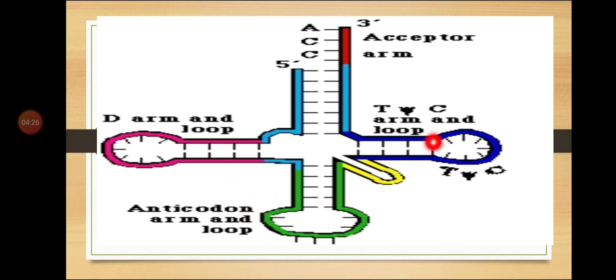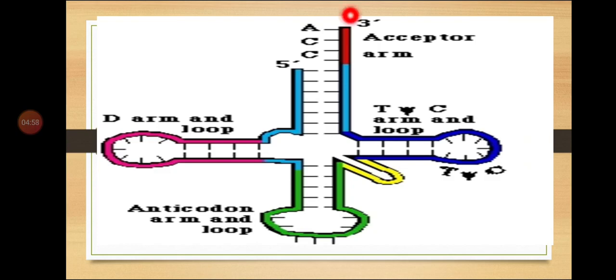In addition to these 3 arms, it has one more small arm on one side, known as the variable arm. Now, tRNA possesses an anticodon loop that has bases complementary to the codons, and these are called anticodons. You can see here, these 3 nitrogen bases are called anticodons.